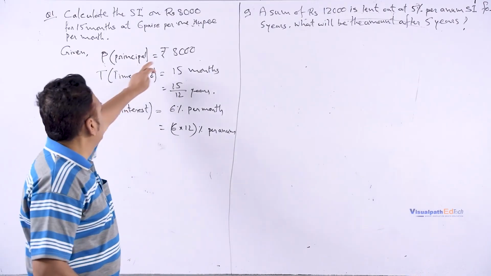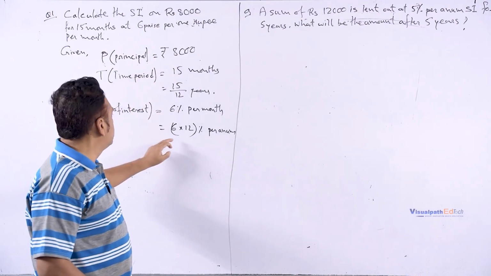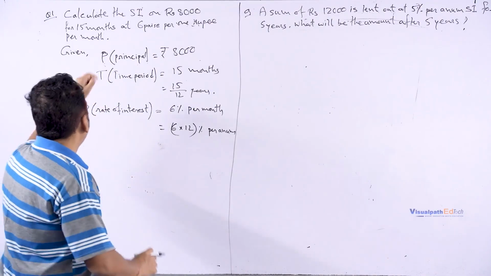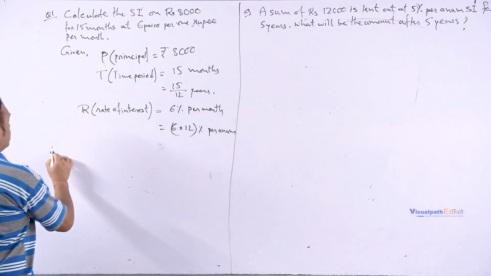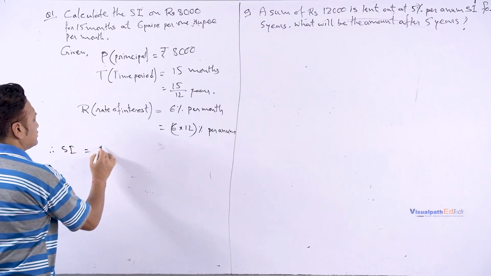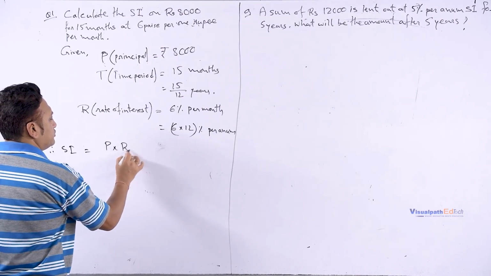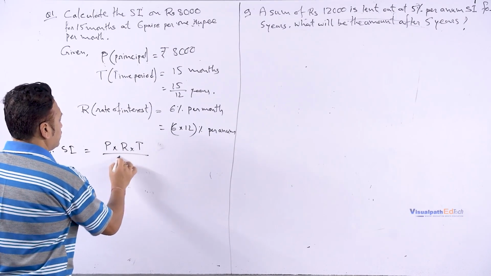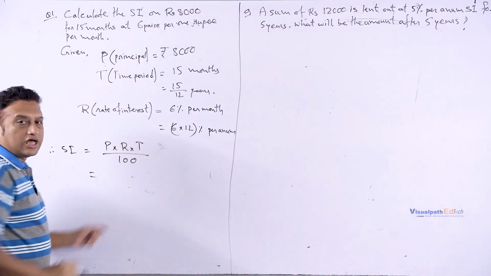So, we got P, we got T, as well as we got R. Now, we will calculate SI. Therefore, simple interest is equal to P into R into T upon 100. That is the relation.